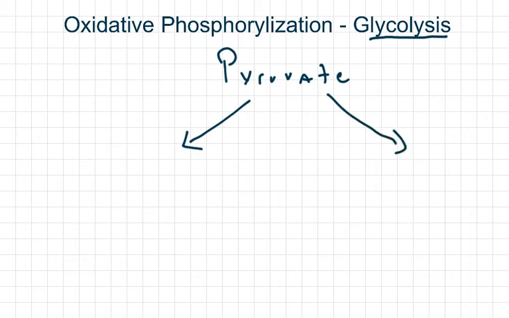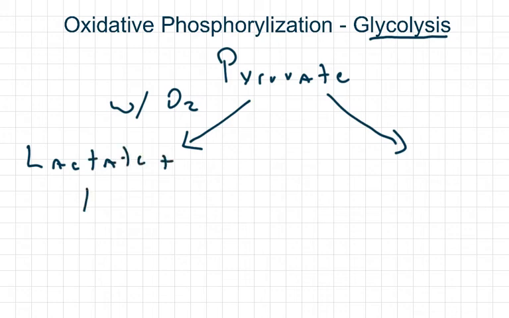Without the presence of oxygen, pyruvate is converted into lactate plus a hydrogen ion, via lactate dehydrogenase, or LDH. Now, in the presence of oxygen, pyruvate is converted into the molecule acetyl-CoA.